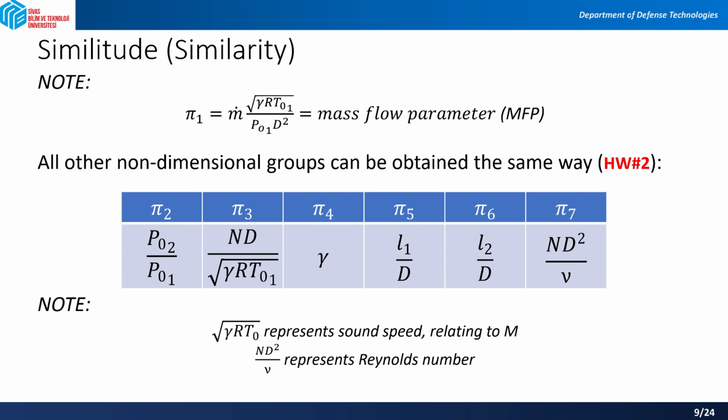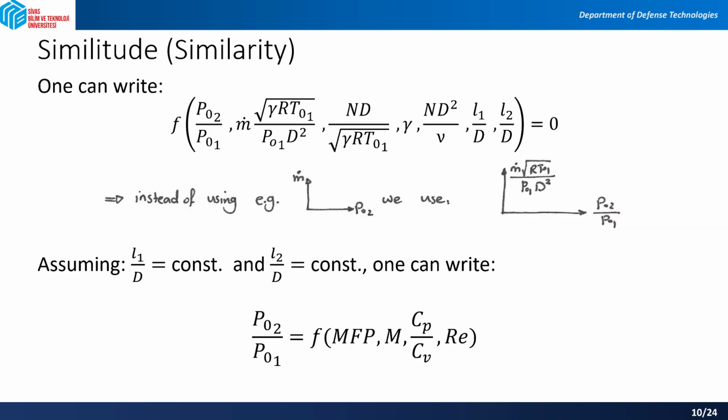And ND squared over nu is pi 7, which represents your Reynolds number. Okay, so now while we write all of these groups, we have 1, 2, 3, 4, 5, 6, 7 non-dimensional numbers. Now we can say that a function of all these non-dimensional numbers is equal to 0.